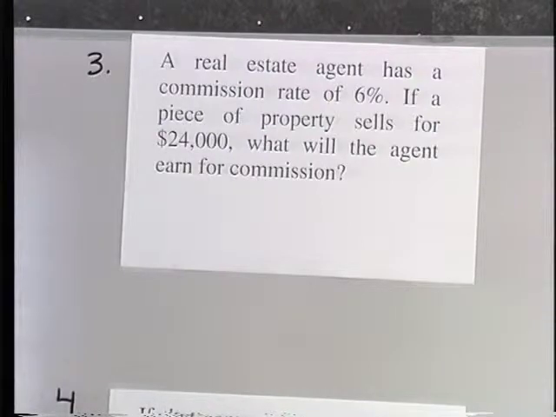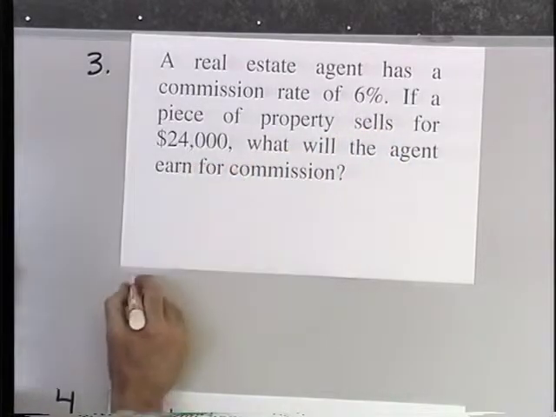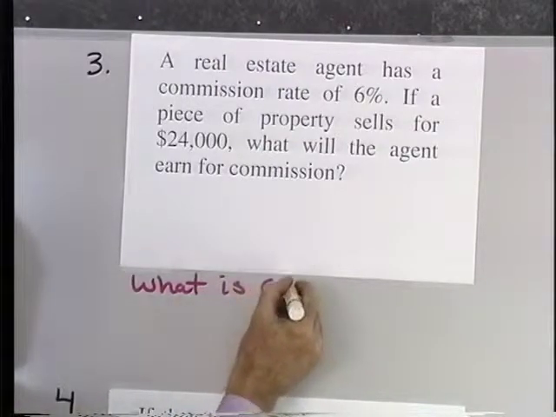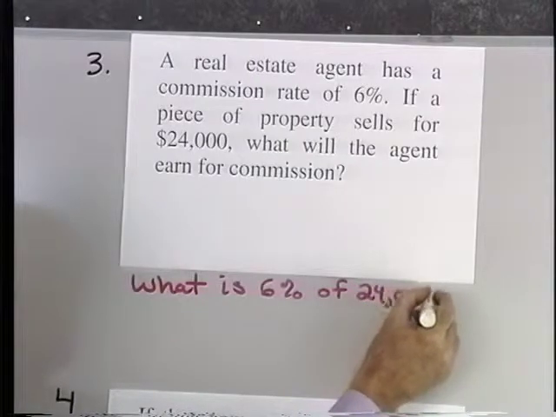Problem 3, a real estate agent has a commission rate of 6%. If a piece of property sells for $24,000, what will the agent earn for commission? So I want to know what number is 6% of 24,000. So what is 6% of 24,000?